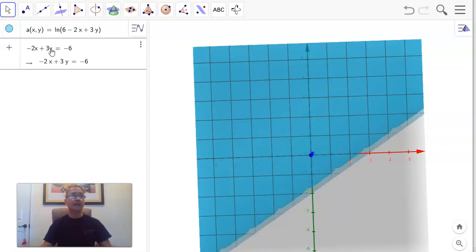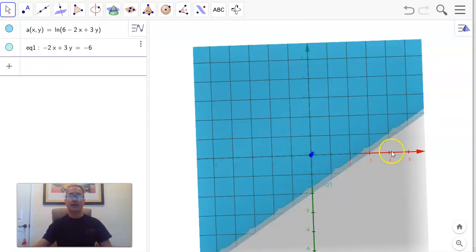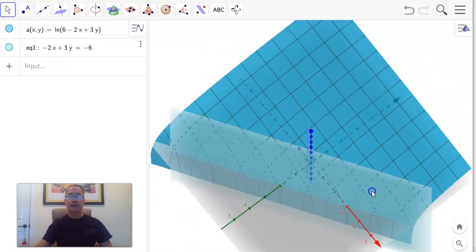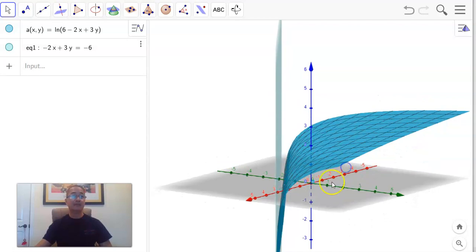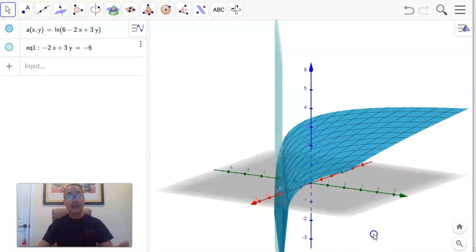Ooh, except of course, that is no longer a line. That is a plane, because we're in 3D mode. If you look at it in 2 dimensions, that is of course going to just be a line.